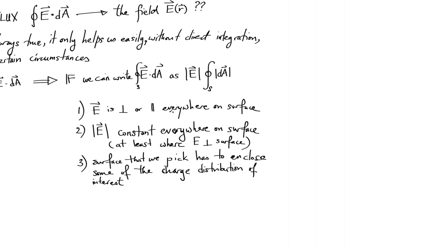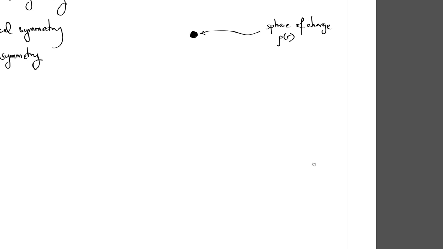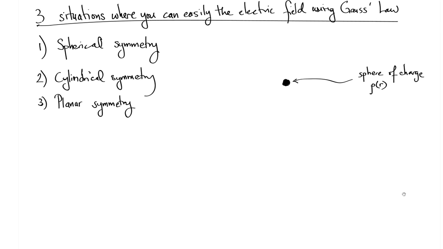The first is that the electric field is perpendicular or parallel everywhere on that surface. The second is that it's constant everywhere on that surface. And it has to enclose some of the charge distribution of interest, right? So there's any number of surfaces I could draw for this that wouldn't work, okay? So I'm going to start by drawing some surfaces that wouldn't work.